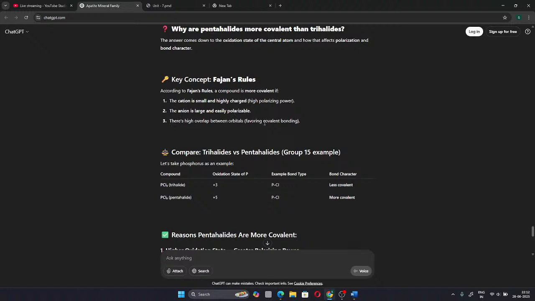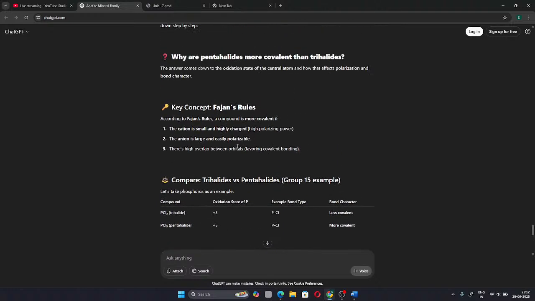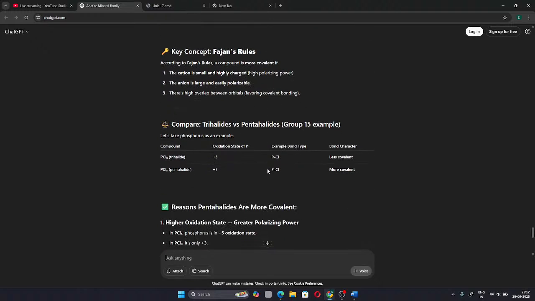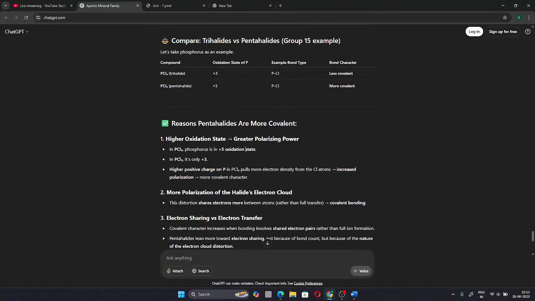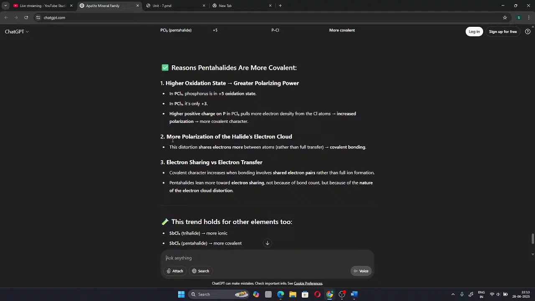Okay, there's high overlap between orbitals, favoring covalent bonding. +3 and +5: +5 is higher charge, so more covalent. Reasons pentahalides are more covalent: in higher oxidation state, greater polarizing power. The high positive charge on P pulls electron density from chlorine atoms, increased polarization, more covalent character. More polarization of the halide's electron cloud.